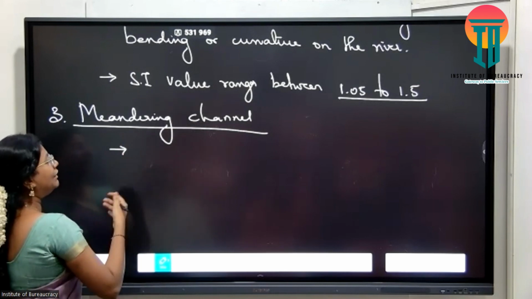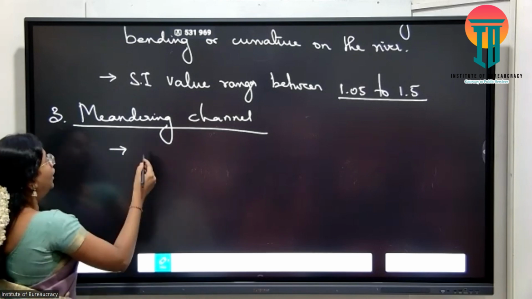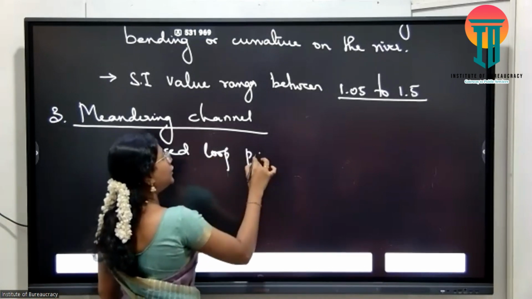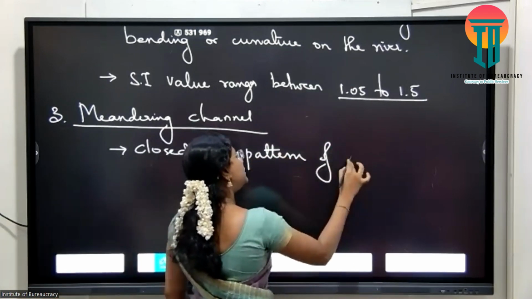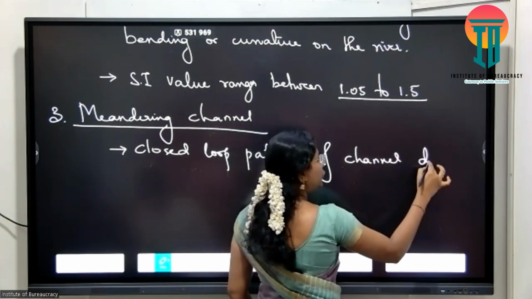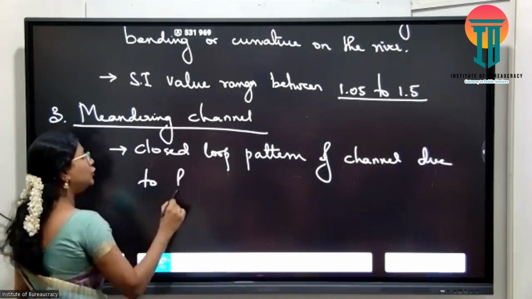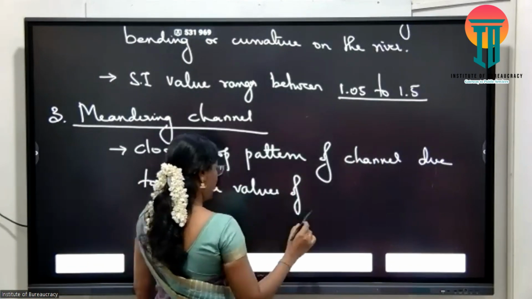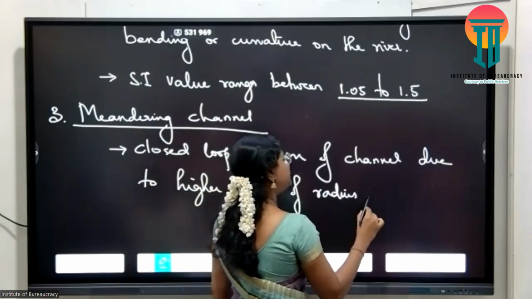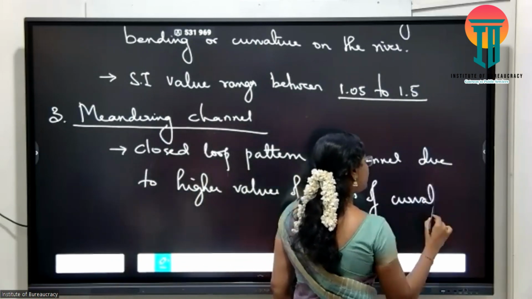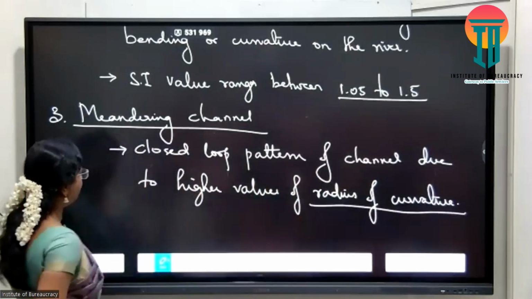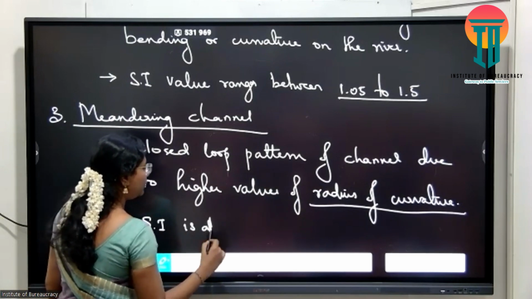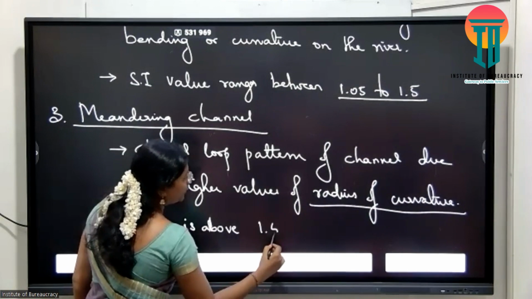Okay, so meandering channel is described as the closed loop pattern of channel due to higher value of radius of curvature. The sinuosity index is above 1.5.